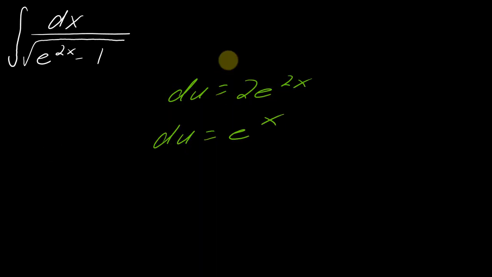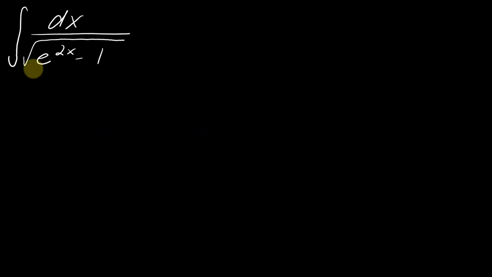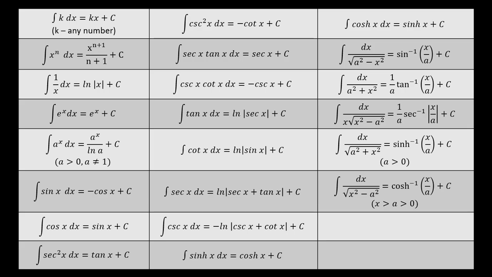Okay, so what other ideas could we throw at this? Well, one thing we can think about is, this is something squared minus 1, right? One thing you can do sometimes is look at this handy dandy list and see if there's a format we could leverage so that we could actually integrate this darn thing.